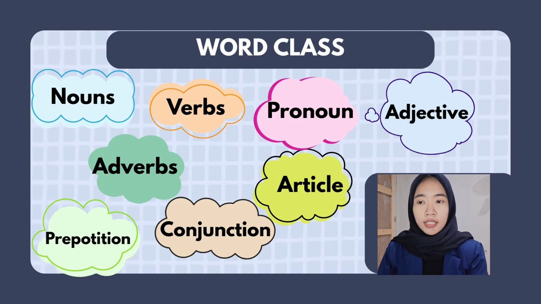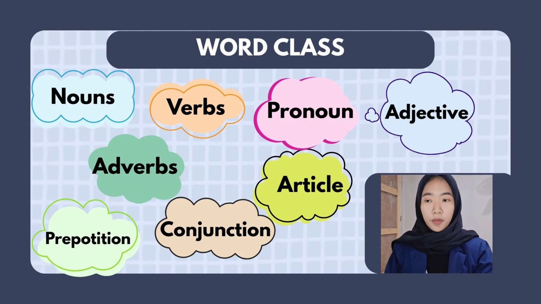The third is adjectives, which are words that describe nouns. The fourth is adverbs, which are words that describe nouns, verbs, adjectives, or other adverbs, often explaining how, when, or where something happens. The fifth is pronouns, which are words that replace nouns.